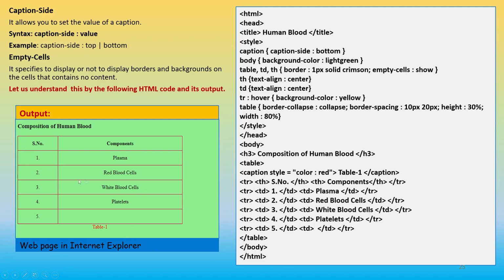This is the third time we are writing the same table with slight differences. In the last one, we have the caption as table 1, which is below the table. So the property will be bottom. And I have also specified the color, which is red.